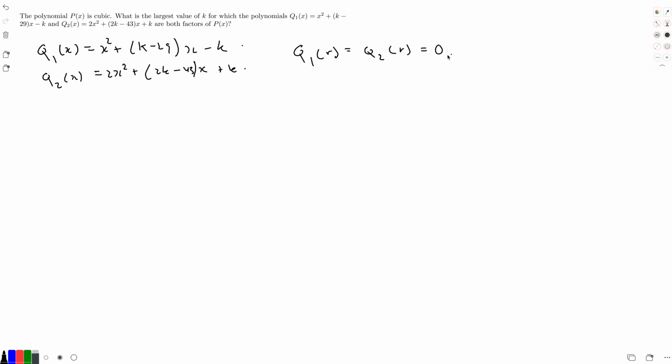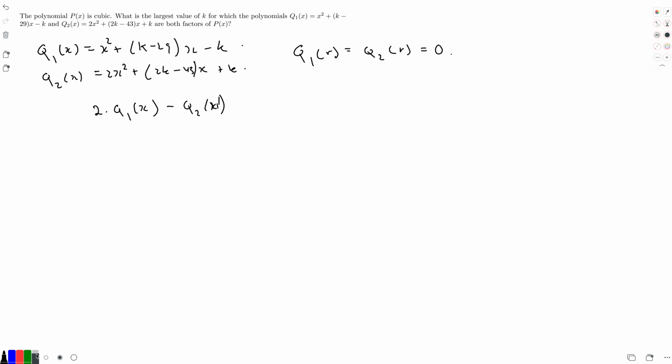Now, what's even better is that with this condition, we can eliminate the x squared term by multiplying q1 of x by 2 and then subtracting q2 of x. That gets rid of the x squared term. And I should replace these with r.